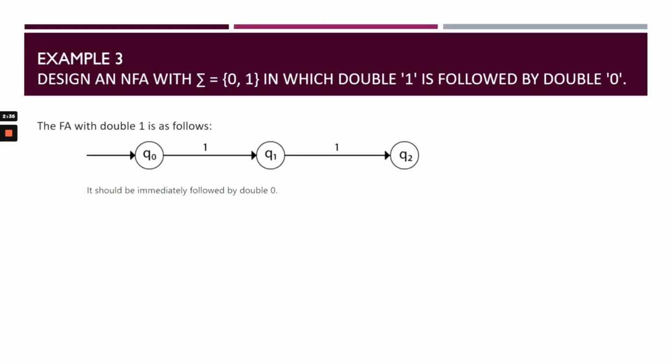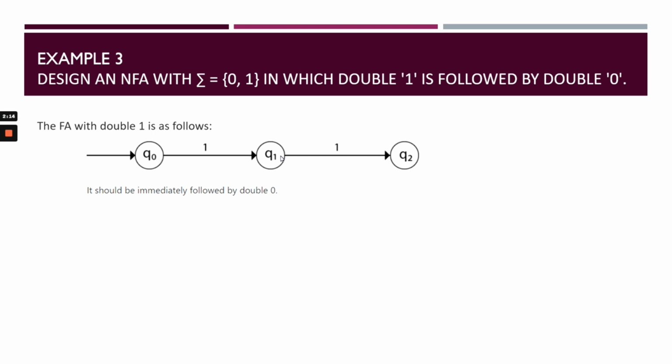Example 3. Design an NFA with sigma equal to 0, 1, the inputs, in which double 1 is followed by double 0. Let us take the initial state as Q0. From there we need double 1.